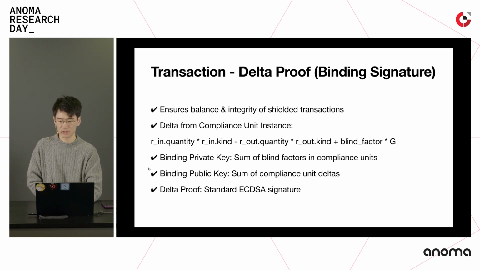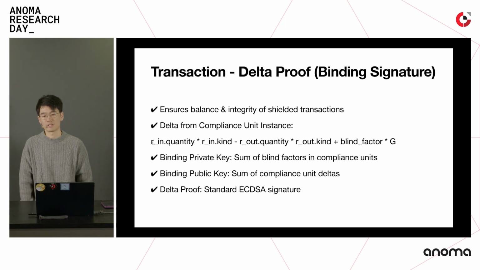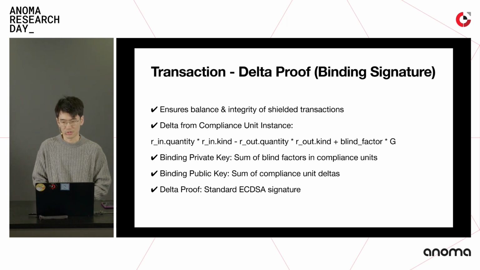We can take a look at the data structure, which is constrained in the compliance unit. We can get the data from the compliance unit instance. The R resource in is the consumed resource quantity multiplied by the consumed resource kind.